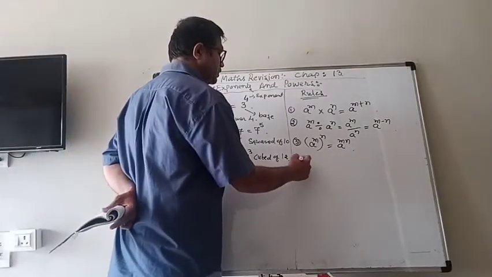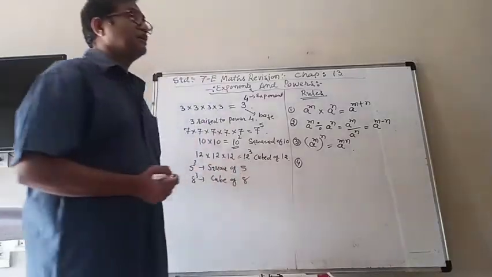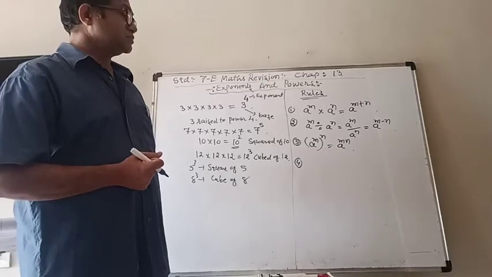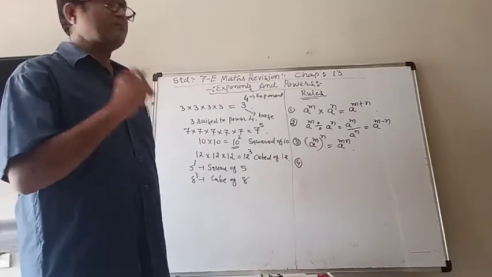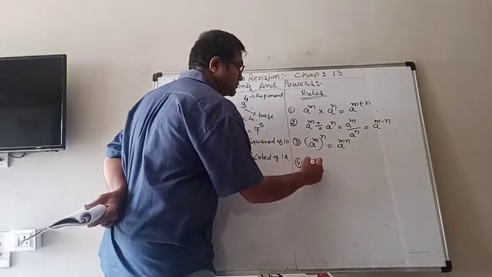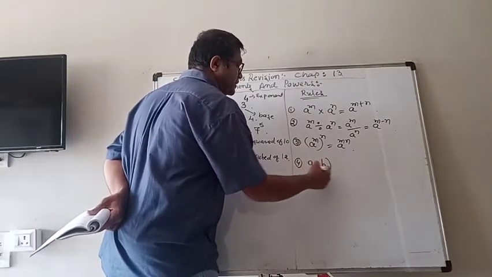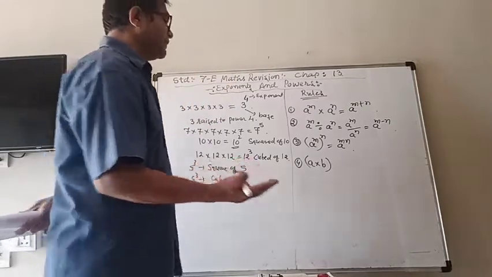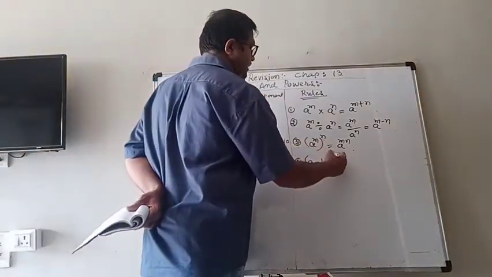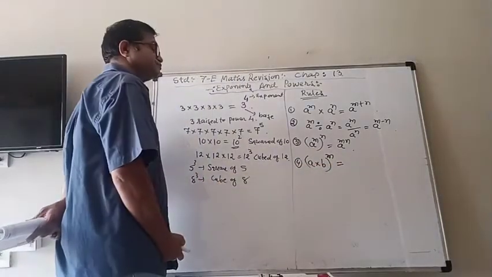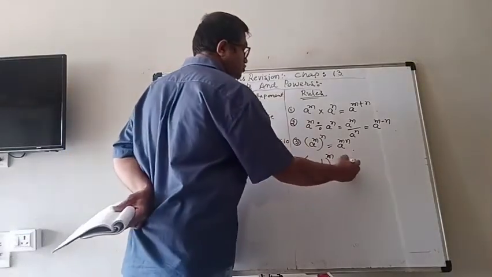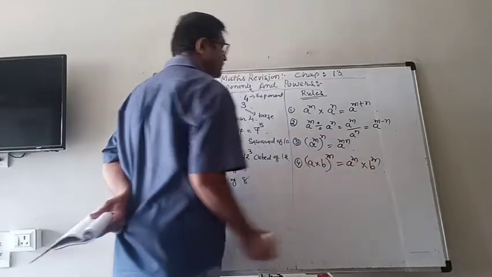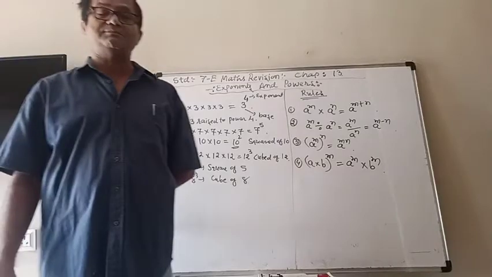Then the fourth rule is, I gave it a special name also, only for understanding, that is Mummy Papa's rule. That if a multiplied by b, there are two or more numbers in the bracket and the whole bracket has power m, then it will be given to both of them: a raised to m multiplied by b raised to m.